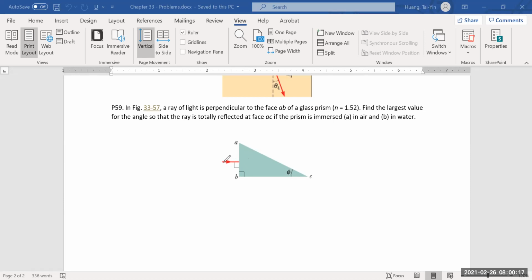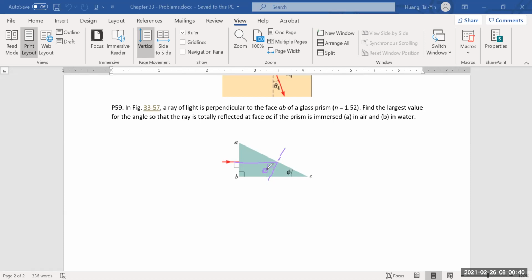So you have a light that's perpendicularly incident on the surface. So you would expect that there's no deviation. The light will continue to go straight until it reaches this interface. And then once it reaches this interface, let's draw the normal to indicate our reference. So you can see that this is the angle of incidence.